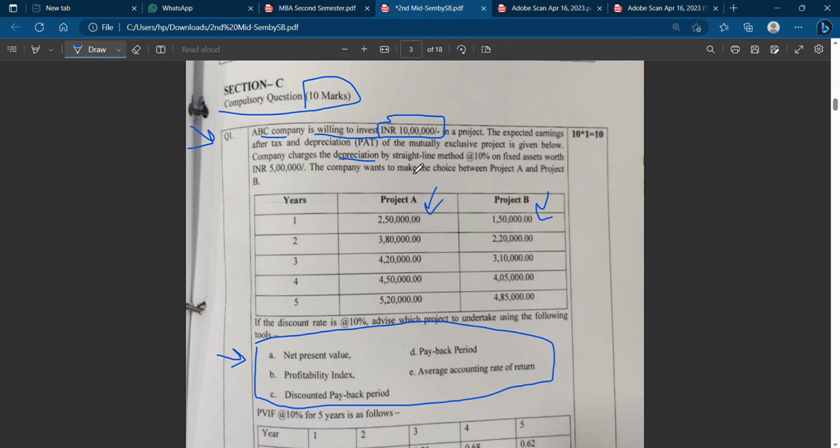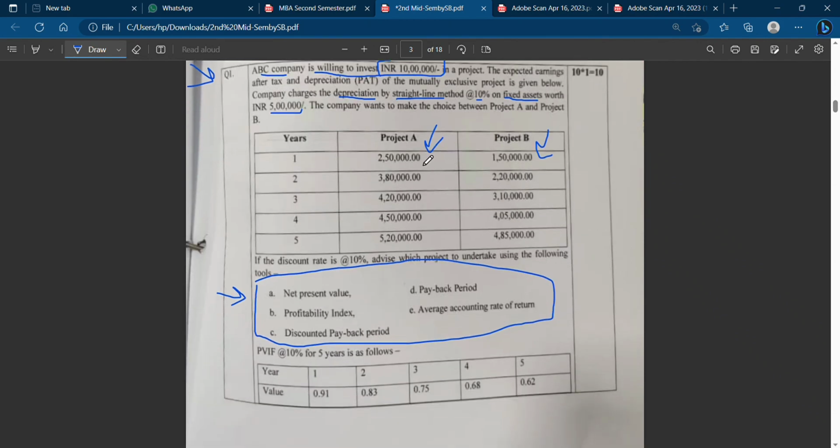The depreciation is charged by the straight line method at 10%, and the fixed asset amount is given as 5 lakh. It means the whole investment is 10 lakh but the fixed asset amount is only 5 lakh, so we have to charge this 10% depreciation only on the fixed asset. So firstly let's calculate depreciation and adjust that amount in this cash flow, then we will calculate these methods.